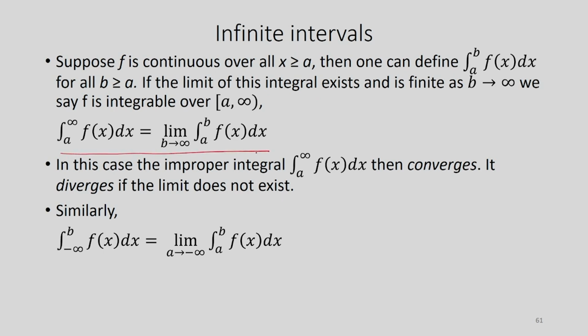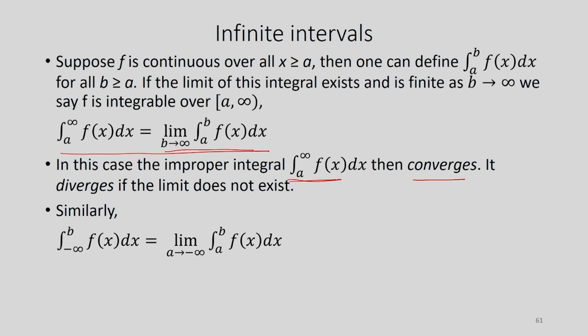And what is the value of that integral? It is integration of f(x) dx from a to infinity, and this can be written as limit b goes to infinity of integration of f(x) dx from a to b. In this case, this is the improper integral, and it converges because the limit exists.